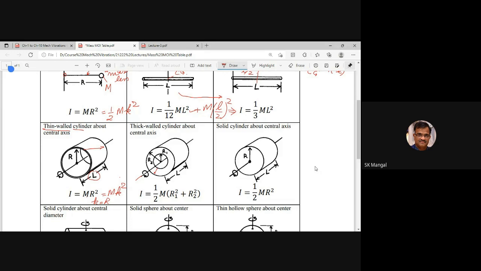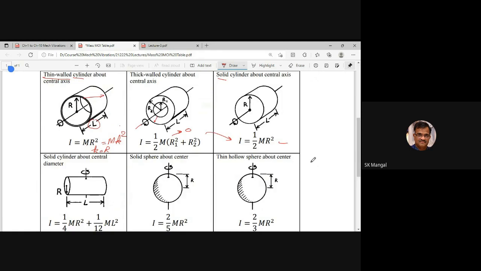And if it is a solid cylinder, then your r1 becomes 0, and it comes out to be this one square. So if I write this value here, this is basically nothing but half m r square.